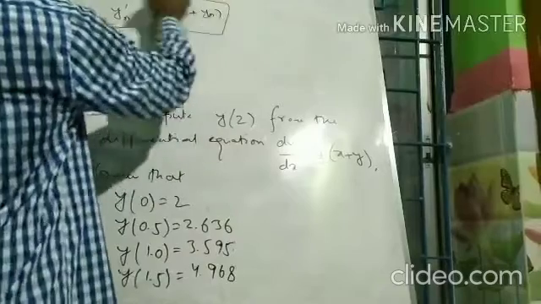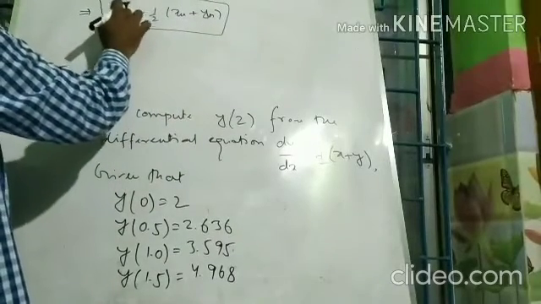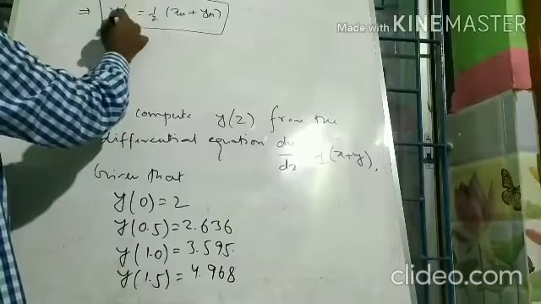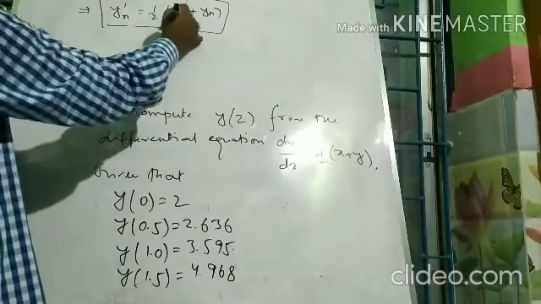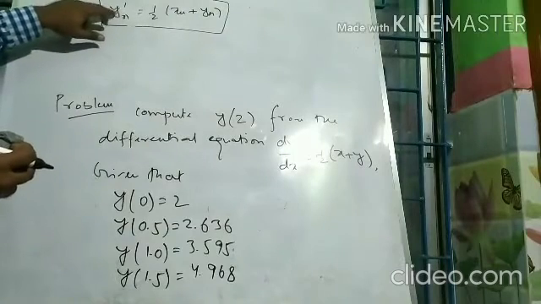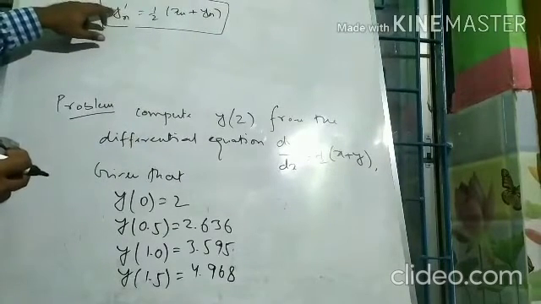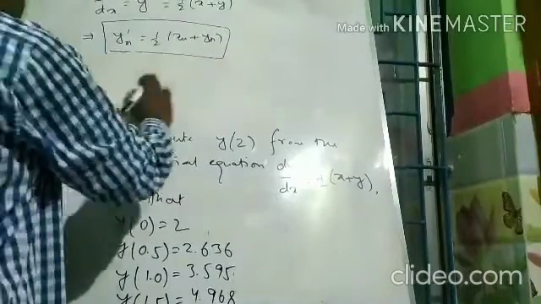Yn prime means the derivative of y at the point xn, that is dy/dx at the point xn, which is half (xn plus yn).